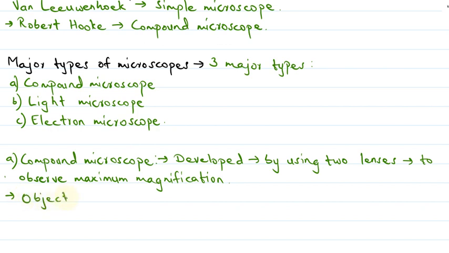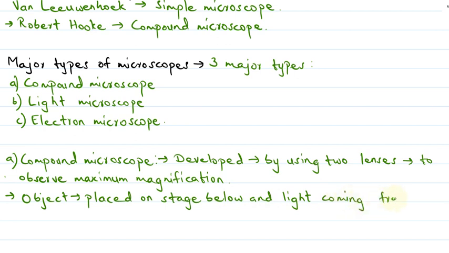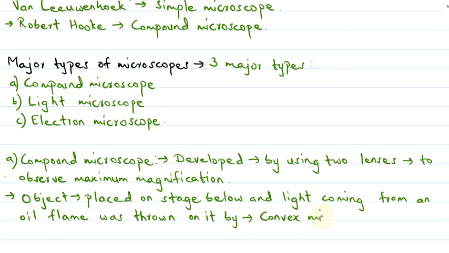In this microscope, the object is placed on the stage that is present below, and the light that comes from an oil flame was thrown on it by a convex mirror.